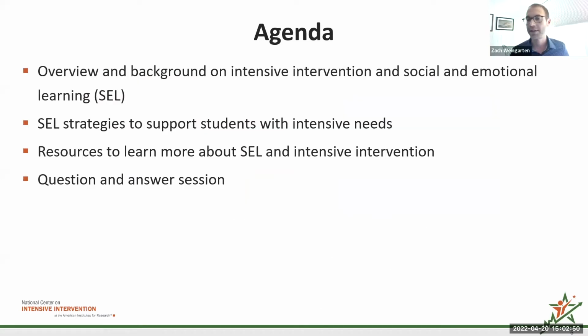Great, so our agenda for today is to start out with an overview and provide background information about intensive intervention and social and emotional learning. We're really intending to provide a big picture look at how these two big ideas fit together, being intensive intervention and social and emotional learning.